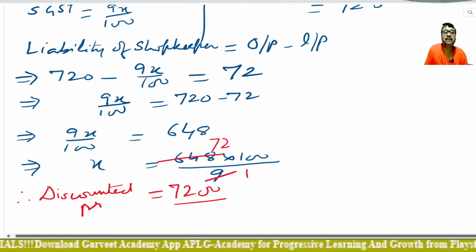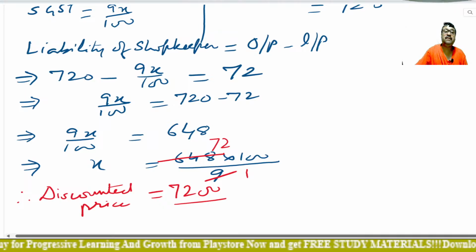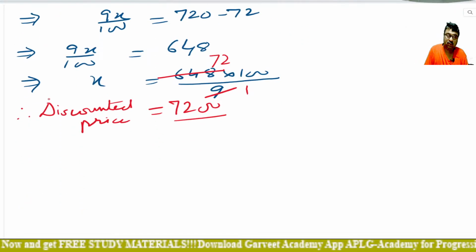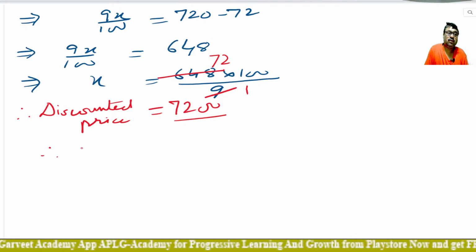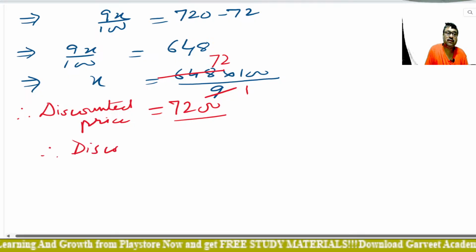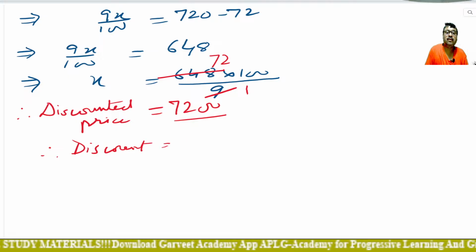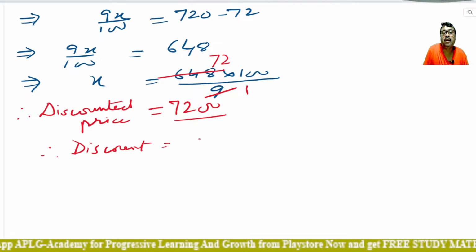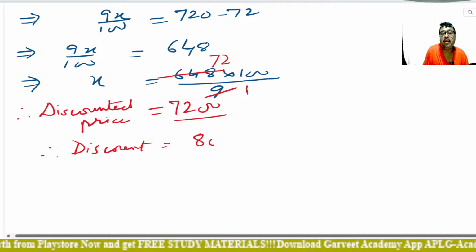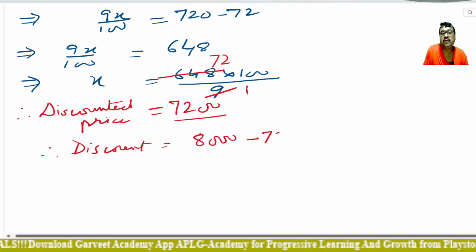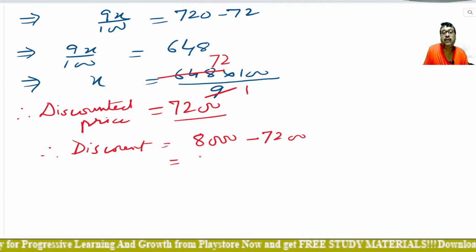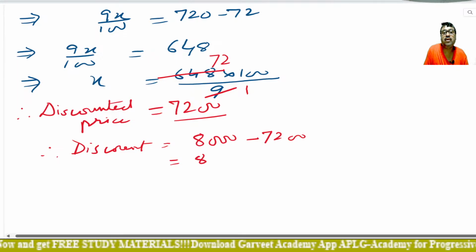The discounted price. Then how much will be the discount? Therefore, the discount will be how much? So the listed price was how much? So 8,000 minus 7,200 is how much?